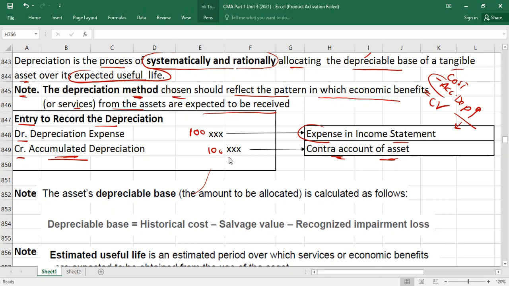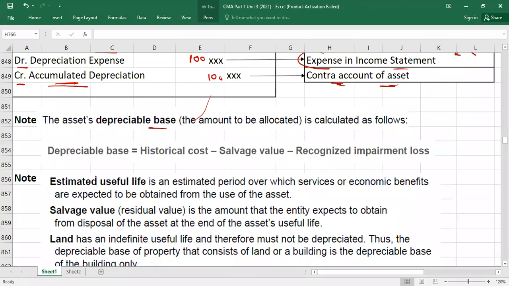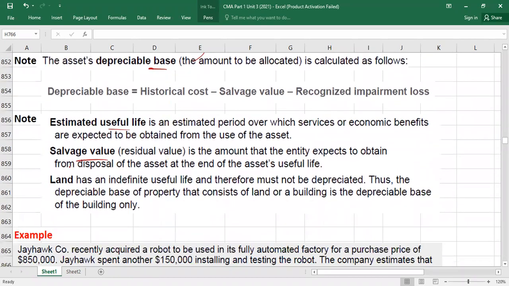Understood? Now guys, I have already explained what is the depreciable base, what is the useful life, and what is the salvage value. Understood? So now I'm just talking about this note. You also need to remember land. Land always has an indefinite life.